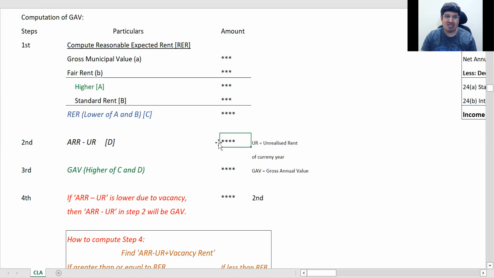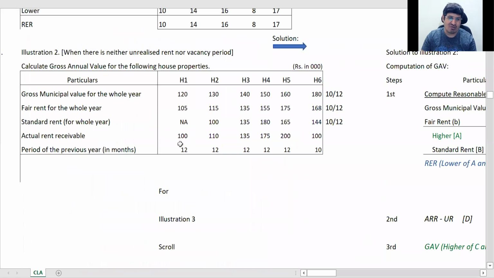So basically for second step computation of GAV, here you get RER. Then in your actual rent received or receivable, you have to always deduct your unrealized rent. This figure, after deducting, is compared and we take the higher here. Okay, now we'll go back to that problem.